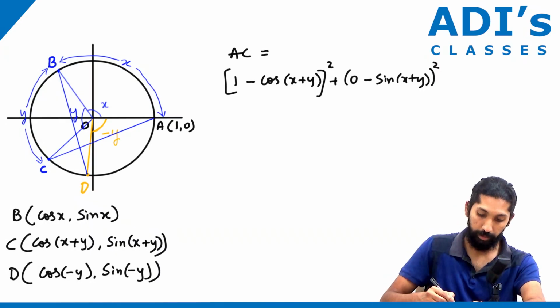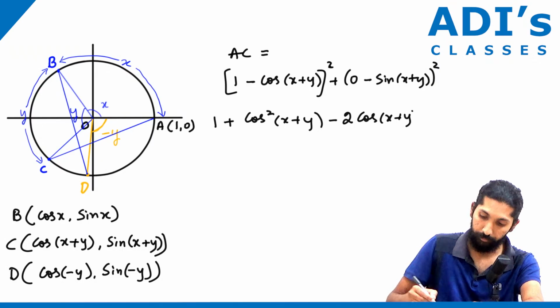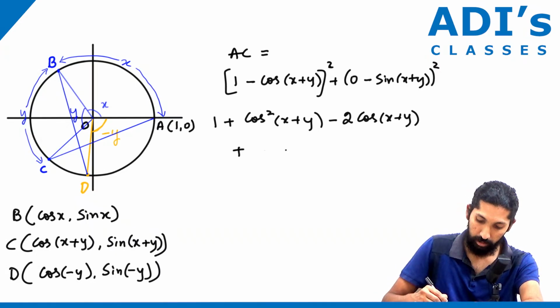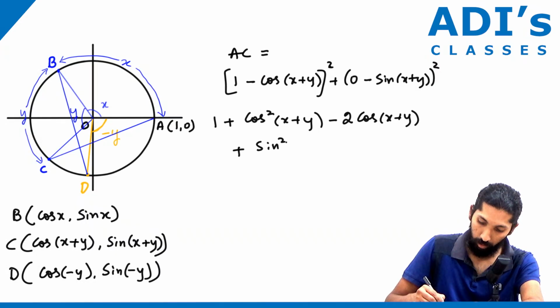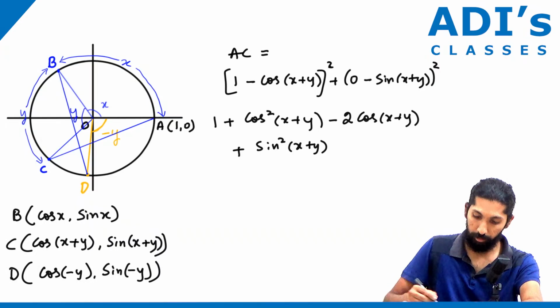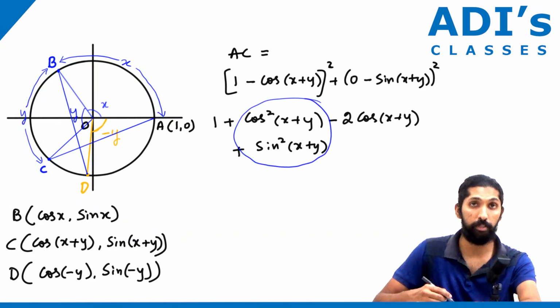Now what are you going to get here? You'll get 1 plus cos square (x plus y) minus 2 cos of (x plus y), correct? Then plus sine square of (x plus y). Now here I want you to notice this. What is cos square of (x plus y) plus sine square of (x plus y)? 1, right?